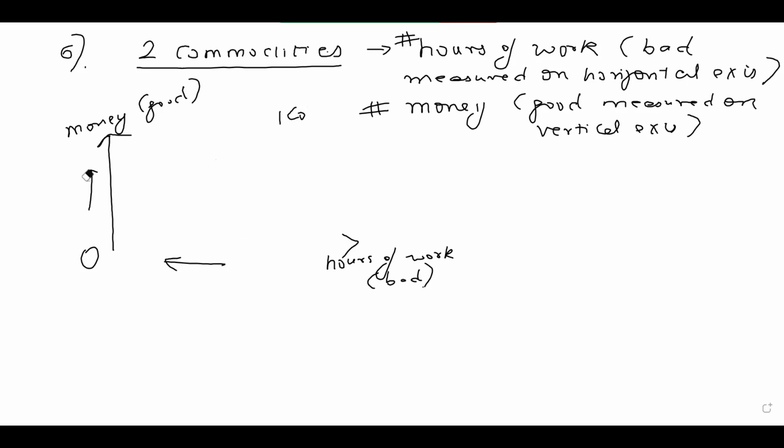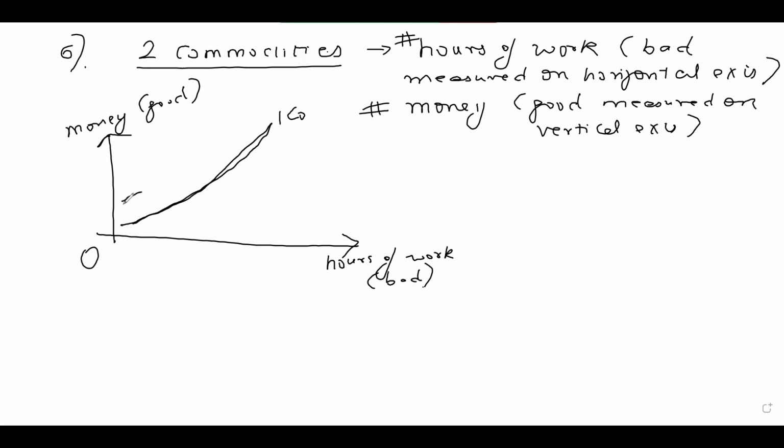If I draw a family of indifference curves, it's going to look like this. This is one indifference curve. This is another, IC1, this is another indifference curve, IC2, and so on. So I can say that the indifference curves are upward sloping.